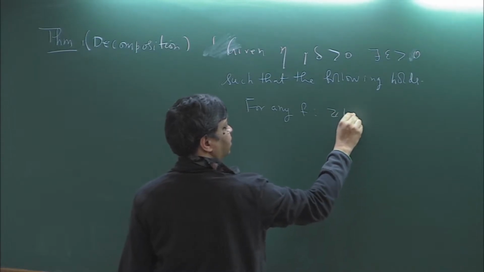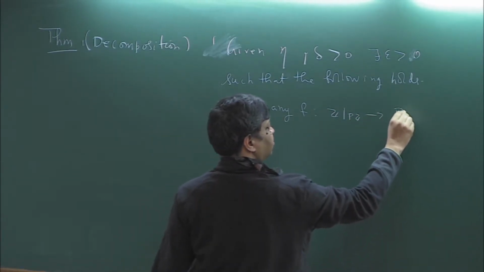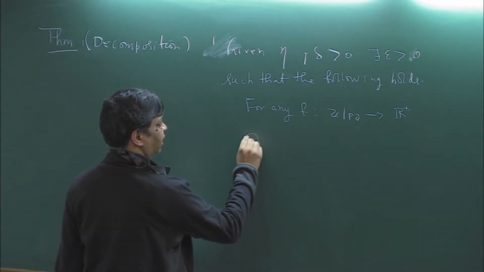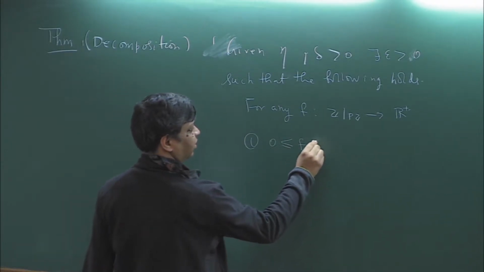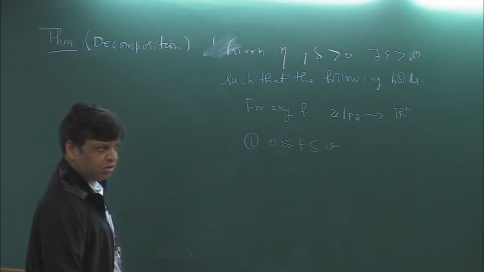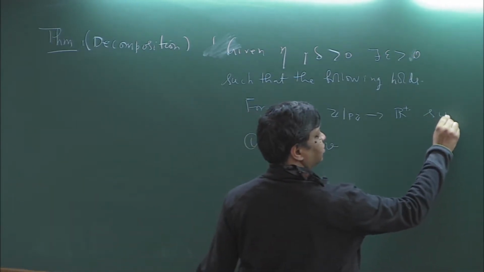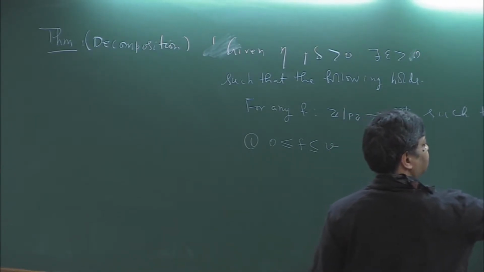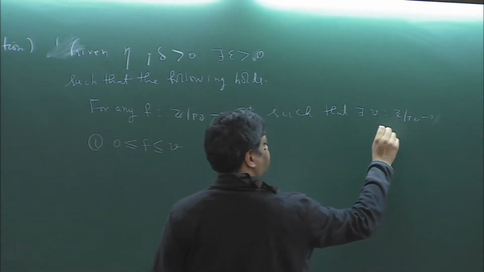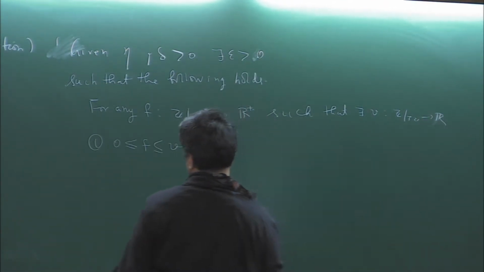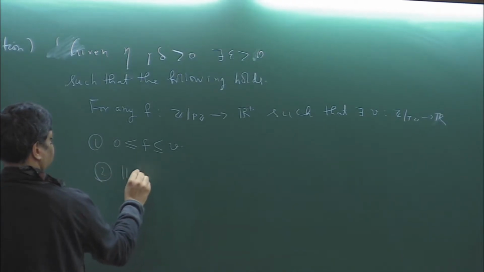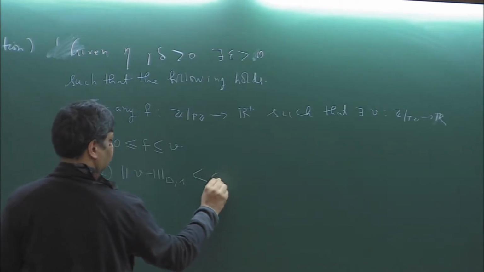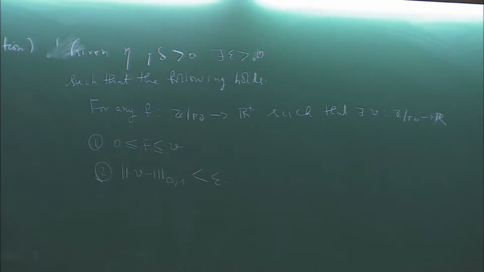For any function f from Z mod pZ to R plus, satisfying that there exists a function nu such that this cut norm is small.